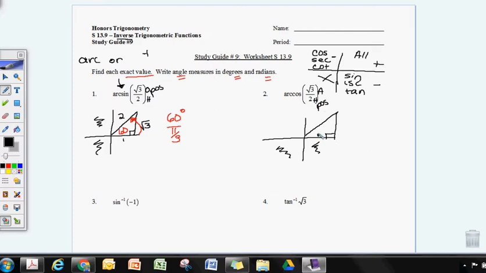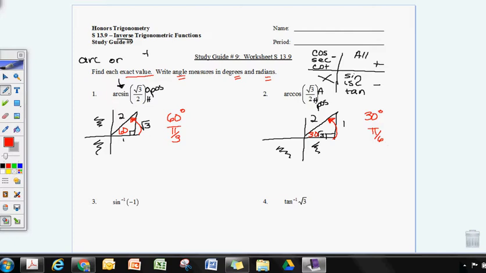The adjacent side is √3. The hypotenuse is 2. That means my missing side is 1, which means my reference angle this time is 30 degrees. These are angles because when it's after an arc, remember, inverse means angle. So what's that rotation? It would be 30 degrees or pi over 6.